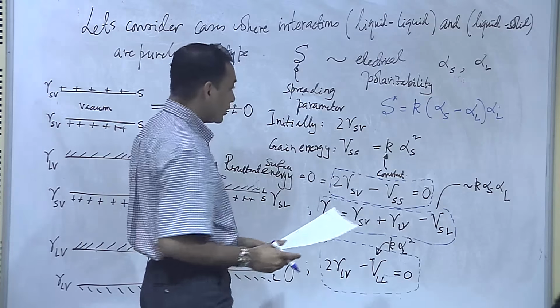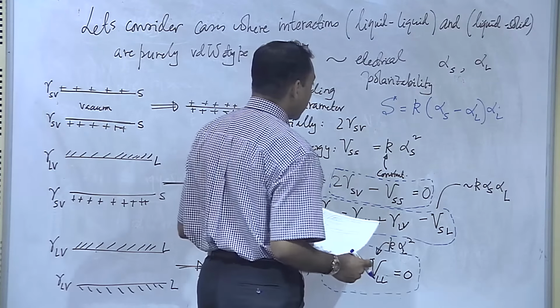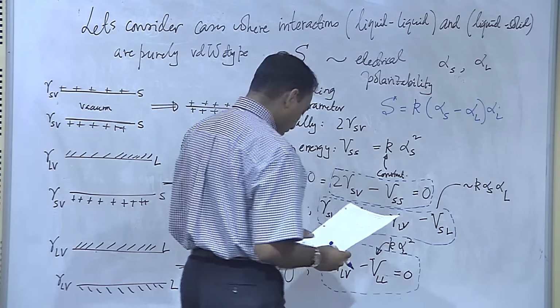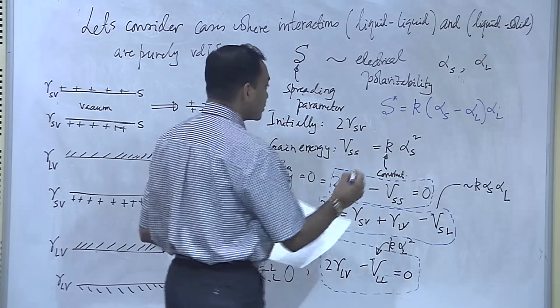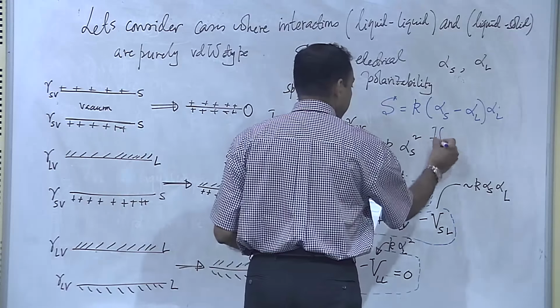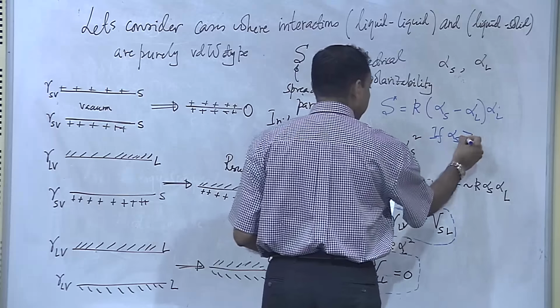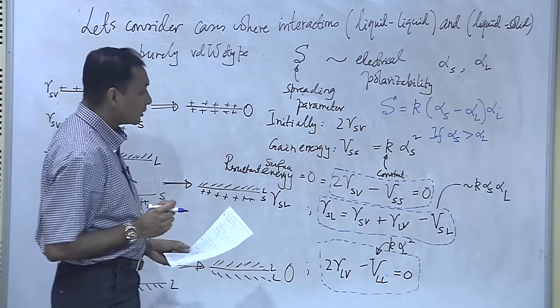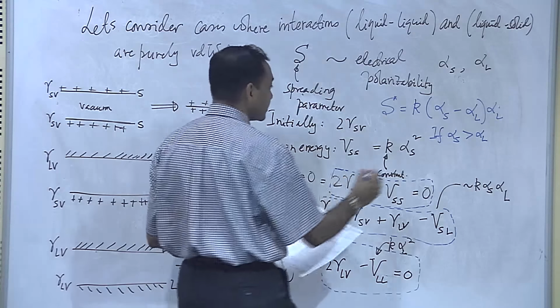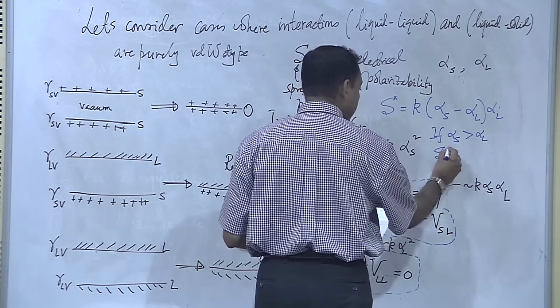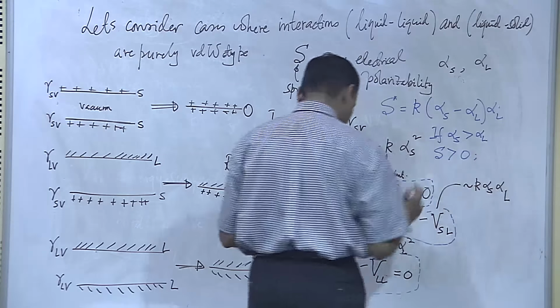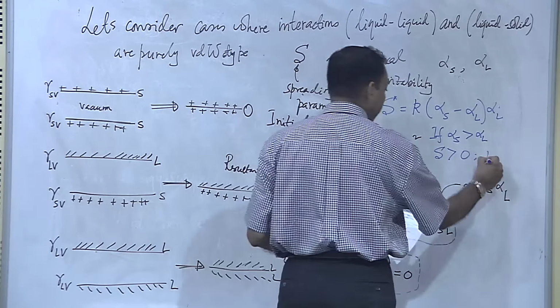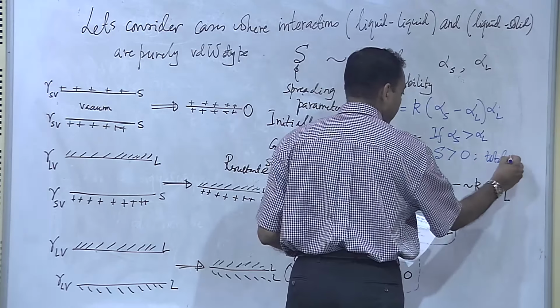So, if alpha s is greater than alpha L, okay, then what we can say is that S is greater than 0. Okay, means it is wetting, total wetting, right.